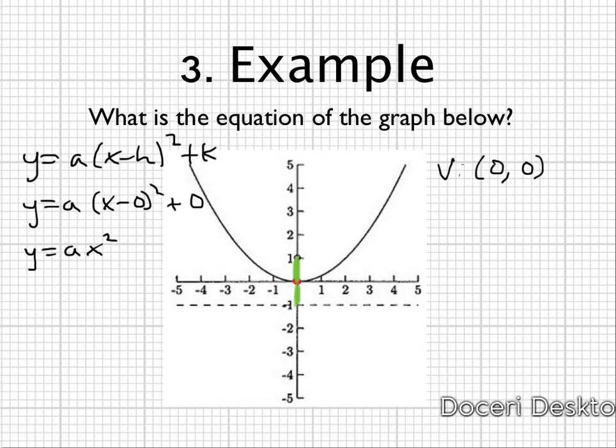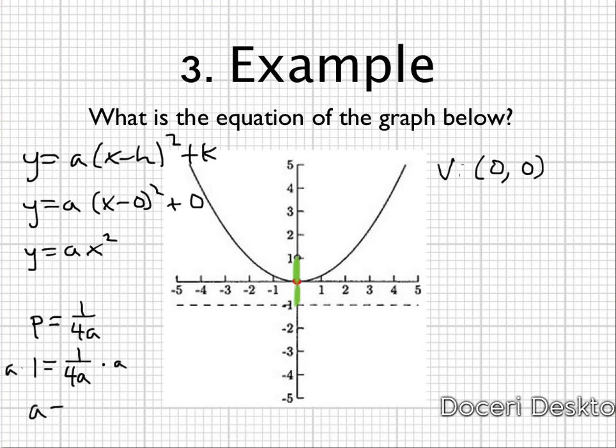So that means if I'm using the formula p equals 1 over 4a, I know my p is 1 unit, so I can substitute that in. So I have 1 equals 1 over 4a. And if I'm solving for a, all I have to do is multiply by a on both sides.